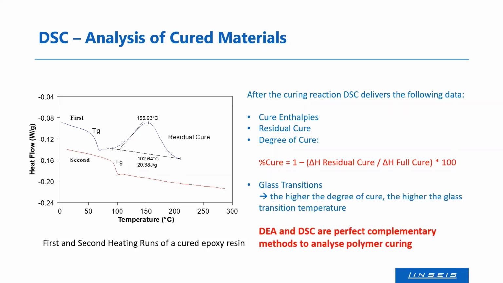The glass transition, as I mentioned, is higher the higher the percentage of cure is. And you also see here, again, that dielectrical analysis and DSC match perfectly for curing materials. The one method is used during the cure, DEA, and the DSC after the cure.